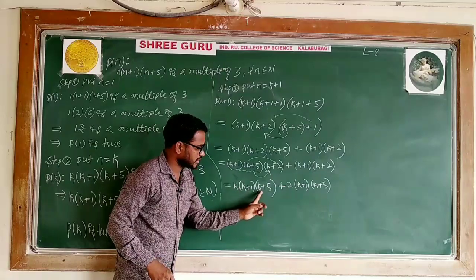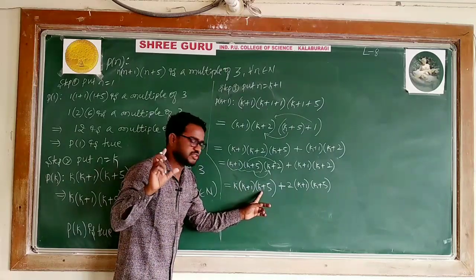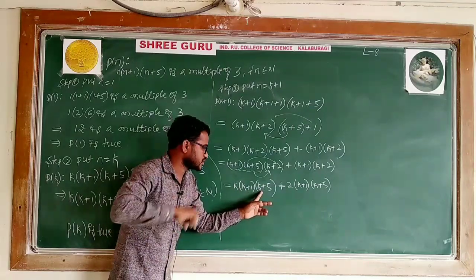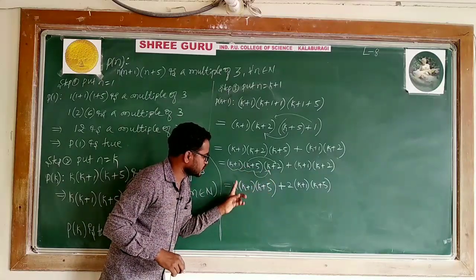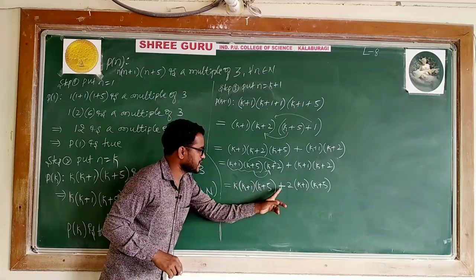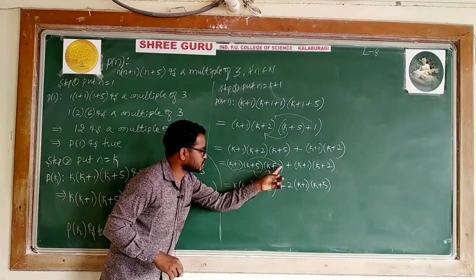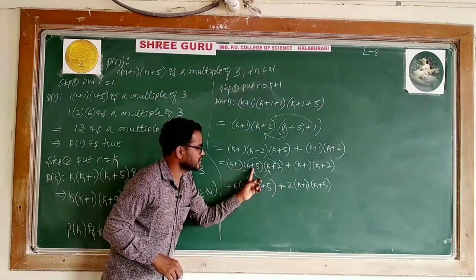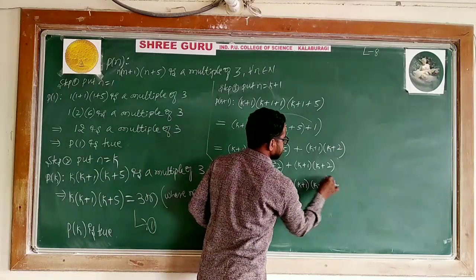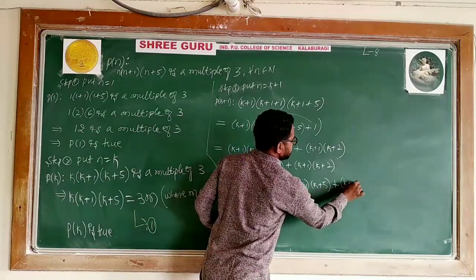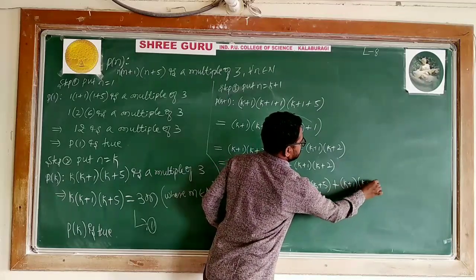You have to concentrate compulsorily. Without concentrating, you are not getting it. These two brackets I multiplied with only k: k into k plus 1, k plus 5. Plus, I multiplied these two brackets with 2: 2 into k plus 1, k plus 5. Plus, this as it is, k plus 1, k plus 2.